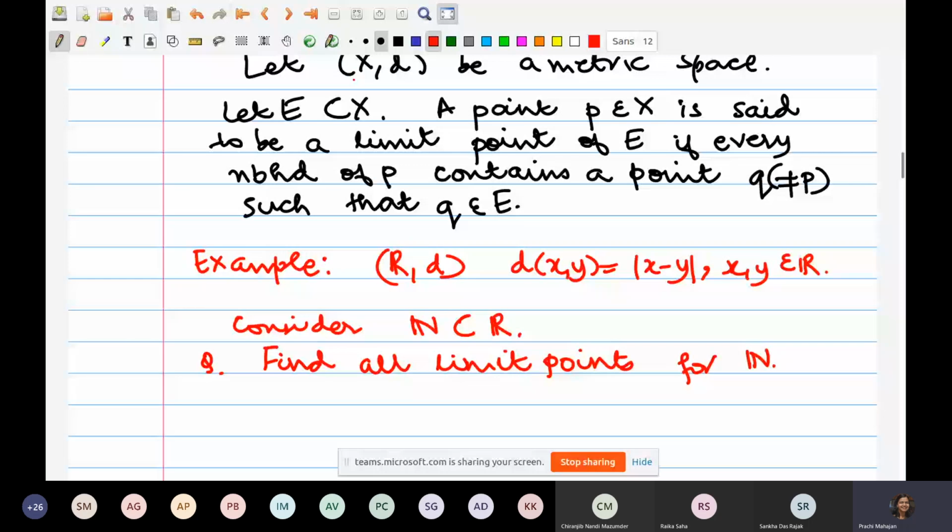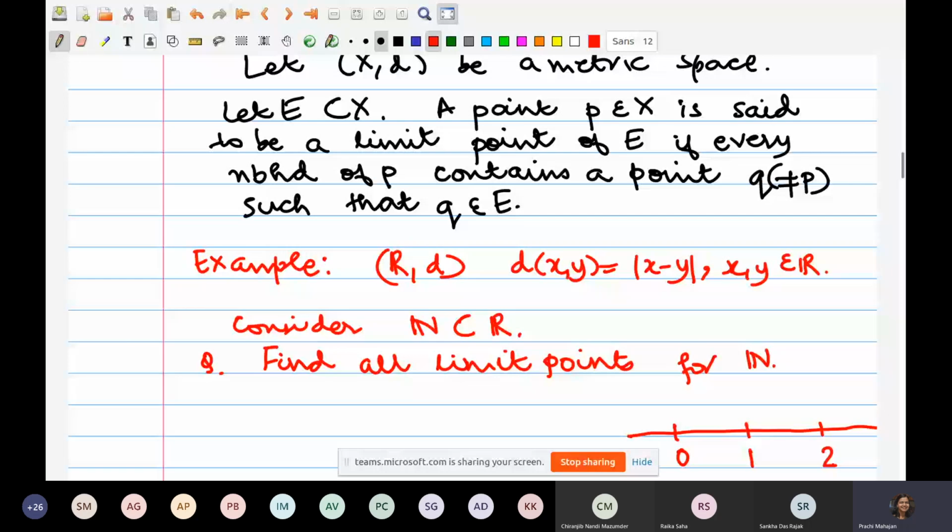So let's try to draw something. Suppose this is my 0, this is my 1, and this is my 2. Is 1 a limit point of the set of natural numbers? The claim is that 1 is not a limit point.